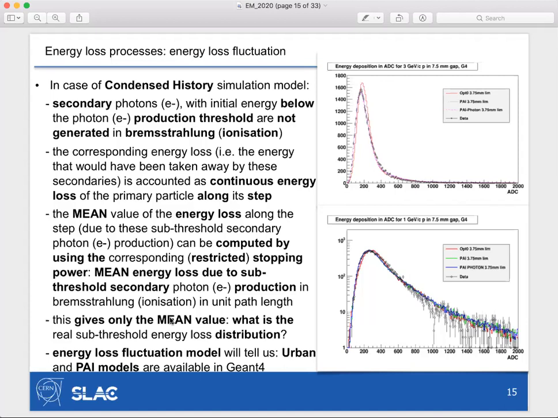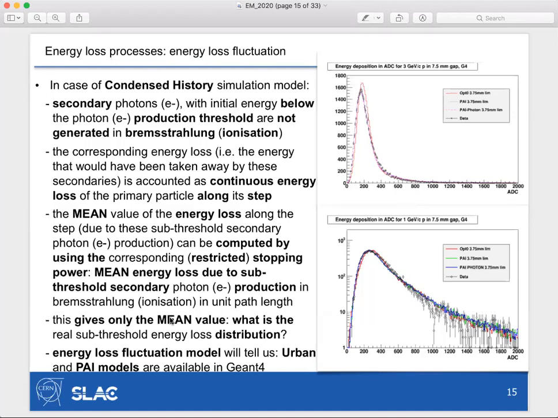As long as each electron passes through the same path in the silicon, which means the same step length, since they have a high energy compared to the thickness of the silicon, then what would the energy distribution be if we simulated only the mean? Based purely on the stopping power, it would be a delta function. You would get the mean value. But this is not true, of course.